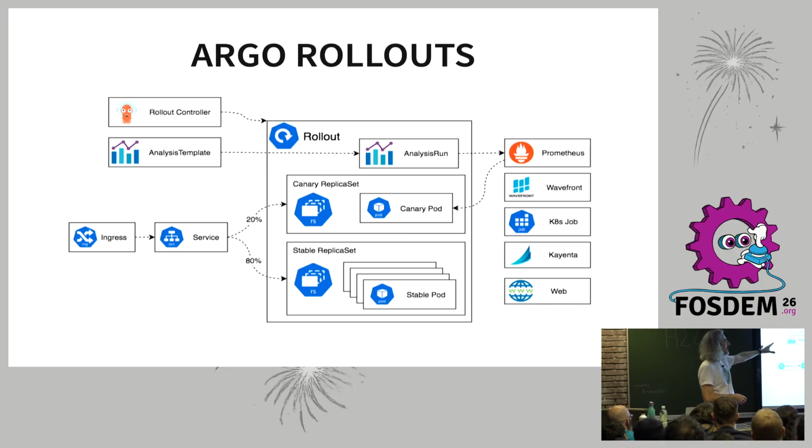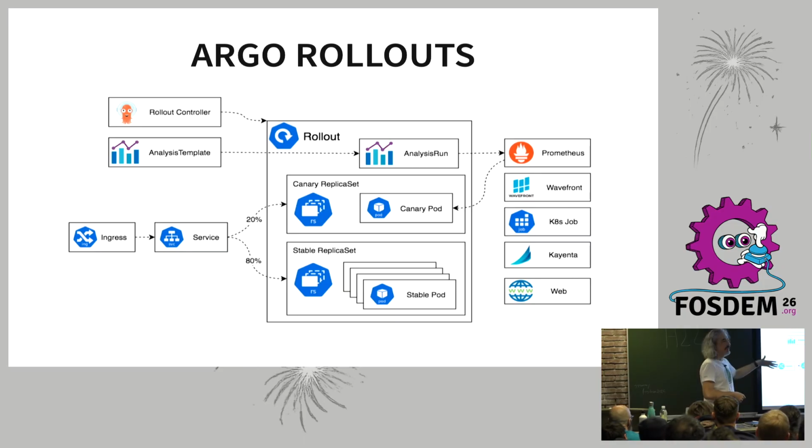The analysis template is what says what a good analysis is, what a good canary is. The typical case is go to Prometheus, get this metric, and if 500 errors is over 5% or 1% or whatever, it's a bad canary. The analysis run checks that, and that decides whether the canary keeps moving forward or is rolled back.